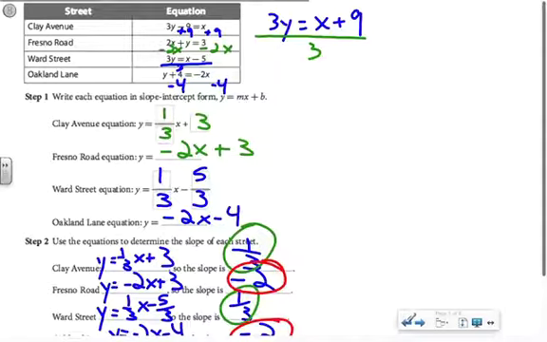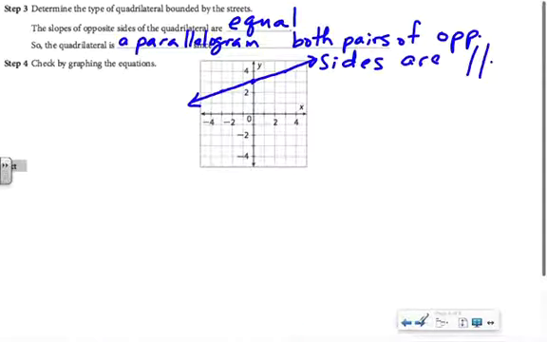So here's the first one. Fresno Road is negative 2x plus 3, so it also has a y-intercept of 3, but a slope of negative 2. So here is Fresno.